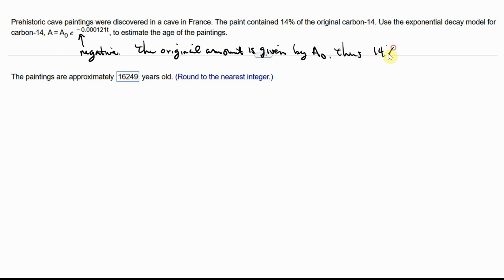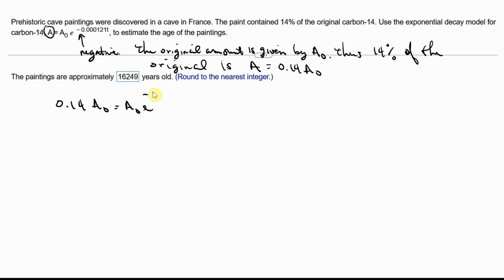Thus, 14% of the original is A equal to 0.14 times A naught. So we're going to replace this A with 0.14 times A naught. So we have 0.14 times A naught is equal to A naught times e to the negative 0.000121 times t. Divide both sides by the A naught, so we get 0.14 is equal to e to the negative 0.000121 t.